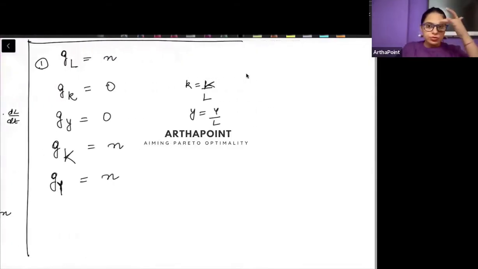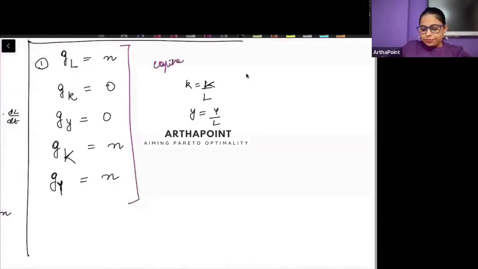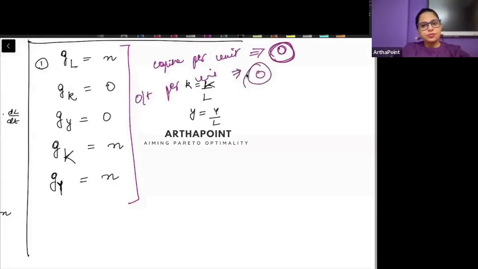तो यहाँ पे हम क्या बोल रहे हैं कि इस मॉडल में कैपिटल पर यूनिट लेबर, there is no growth rate in that. Growth rate is 0. Output per unit labor, there is no growth in that. Growth rate is 0. But the capital in the economy, मतलब the whole economy, right? The capital in the economy is growing at the rate of labor. It is growing at the rate n.